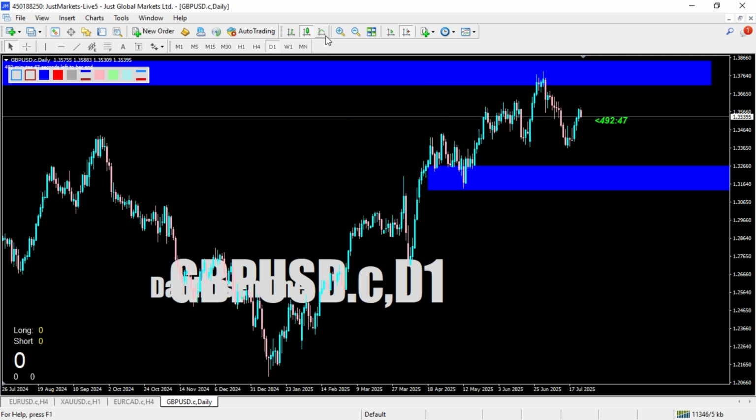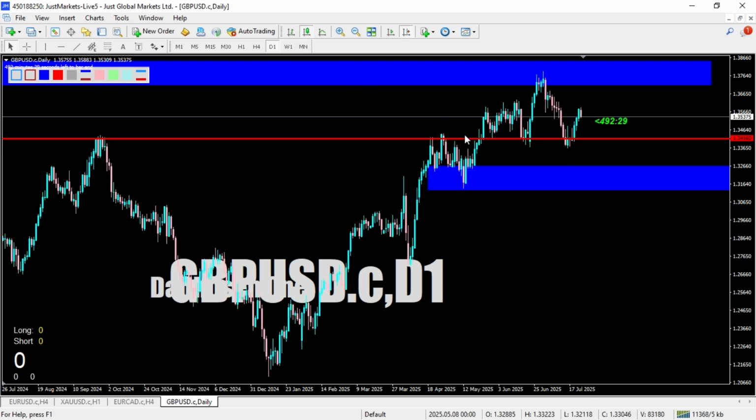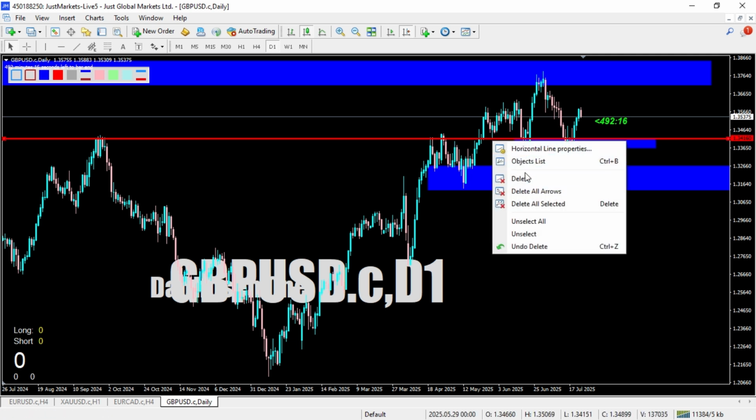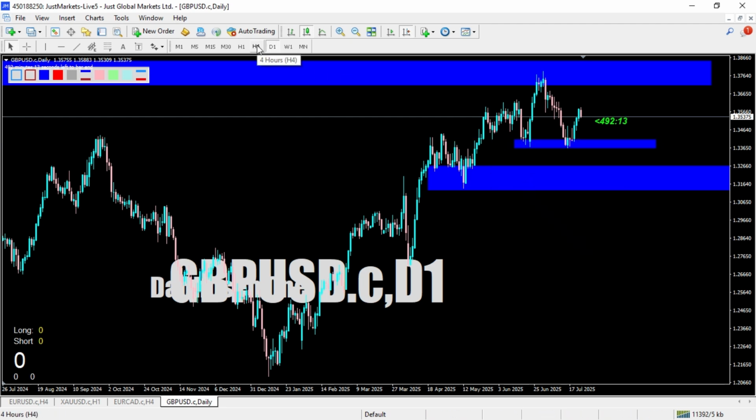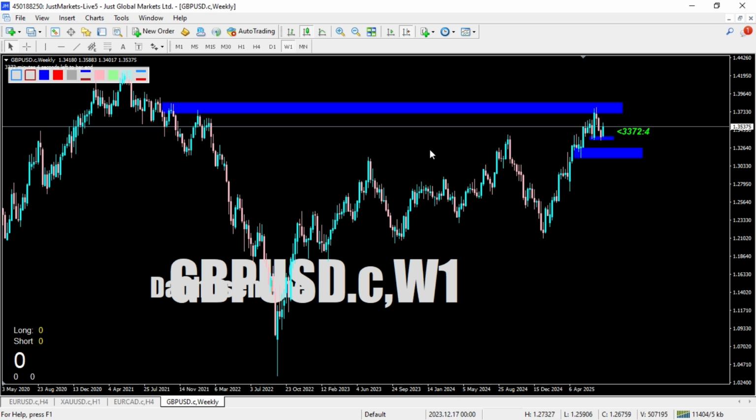When we move to the daily time frame, you can see that price touched our danger zone and was held by another danger zone.